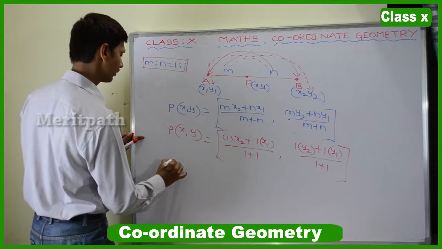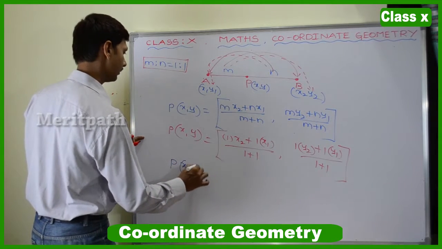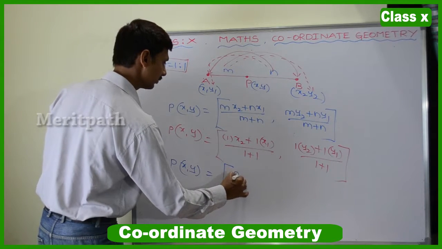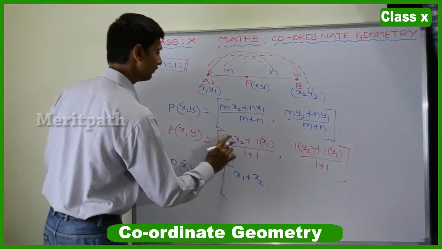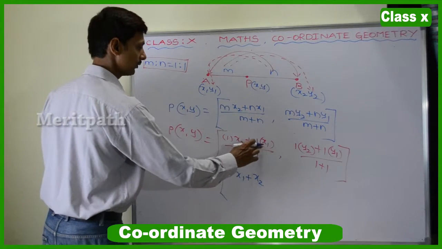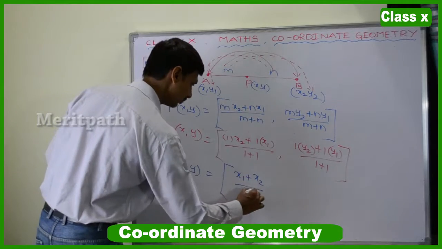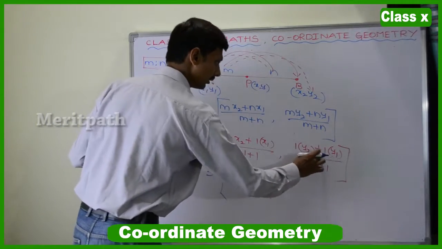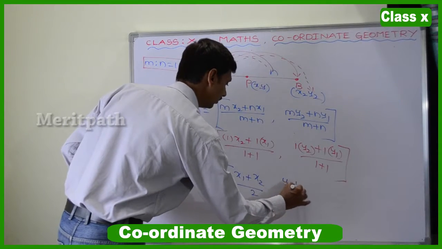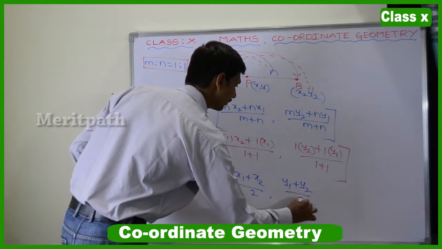P(x, y) is equal to, multiplying with x2 and x1 by 1, we get x1 plus x2 divided by 2, comma, y1 plus y2 divided by 2.